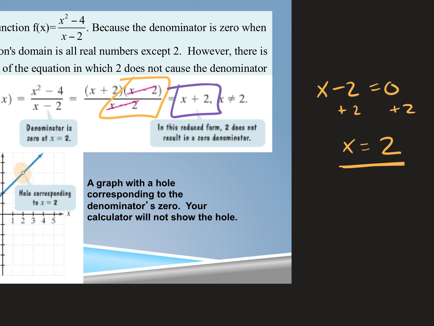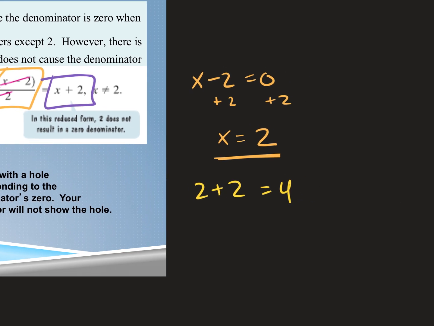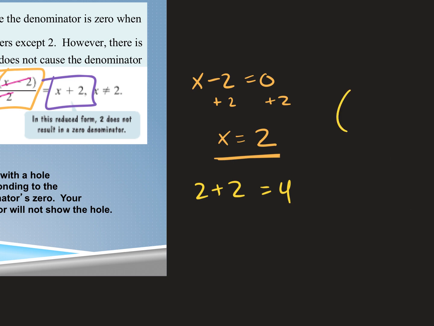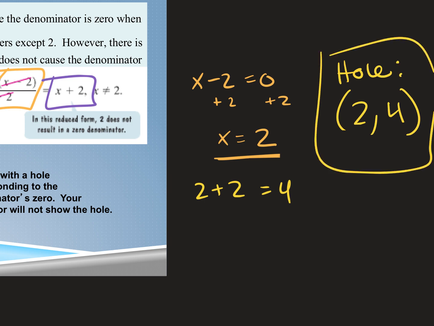I plug it into the remaining part after I already canceled out the overlap. So I would plug it into x plus 2. So x is 2. So 2 plus 2 would be 4. So the y in the hole would be 4. So 2 comma 4 is where I have a hole. So we plug it into the leftover part.